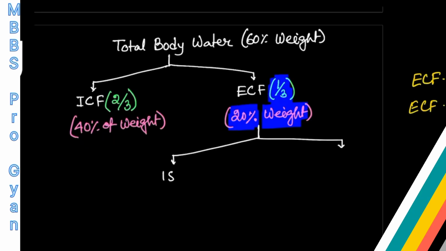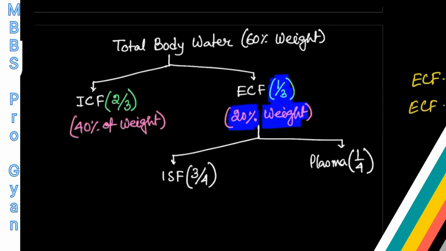Then all of you know that this ECF is again distributed in two parts. One is interstitial fluid, which is 3/4 of the total ECF, and plasma, which is 1/4 of the total ECF. Getting my point? So interstitial fluid is 3/4 and plasma 1/4.